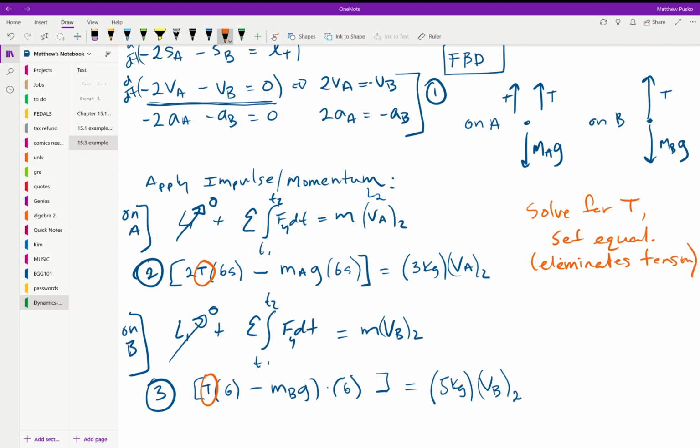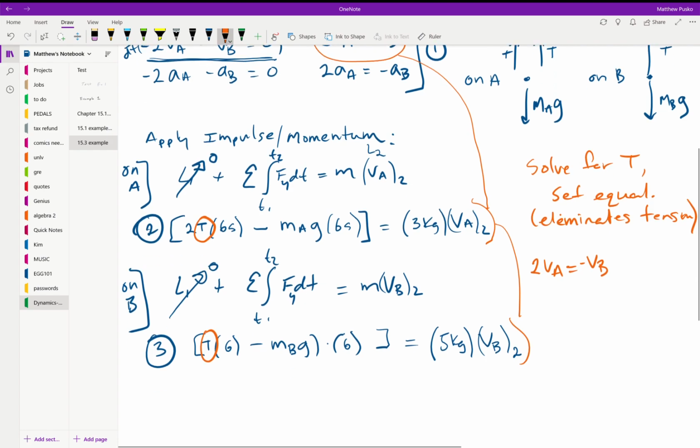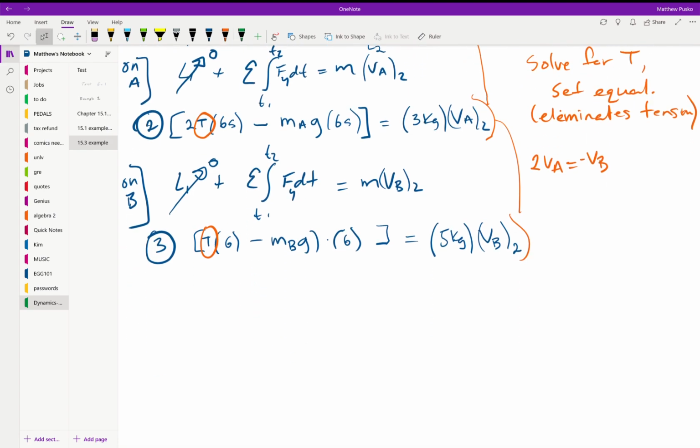Okay, then after that you can take this relationship for your velocity, the fact that 2 times the velocity of A is equal to the negative velocity of B, and eliminate that back down into one equation where you can find a final solution where the velocity of B at 2 is equal to a negative 35.8 meters per second.